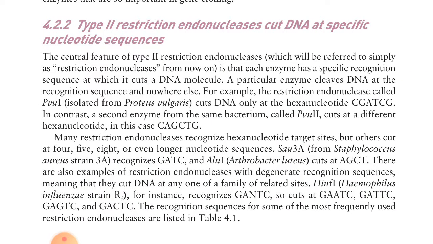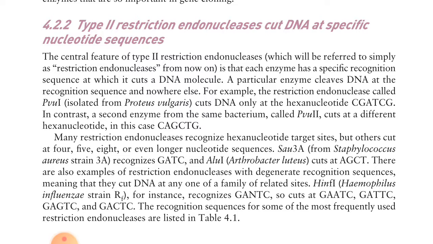Then the next enzyme is type 2 restriction endonuclease. They always cut the DNA at a specific nucleotide sequence. Means these enzymes recognize the specific site and they cut at that particular site only. They will never cut at any other segment of DNA.